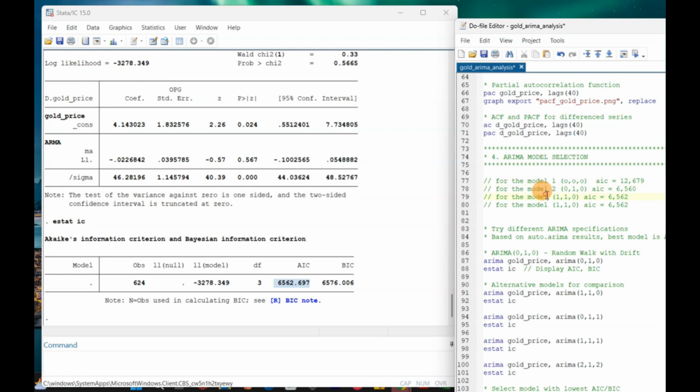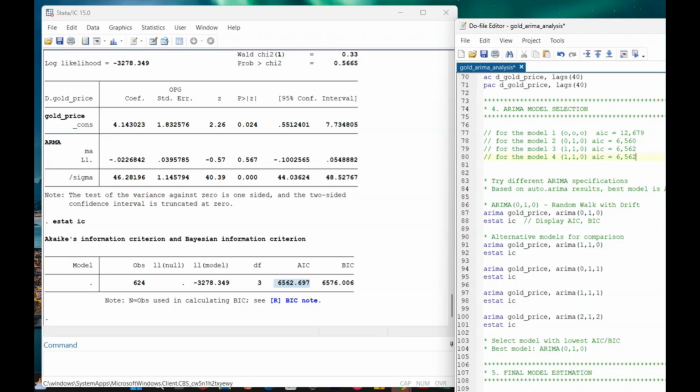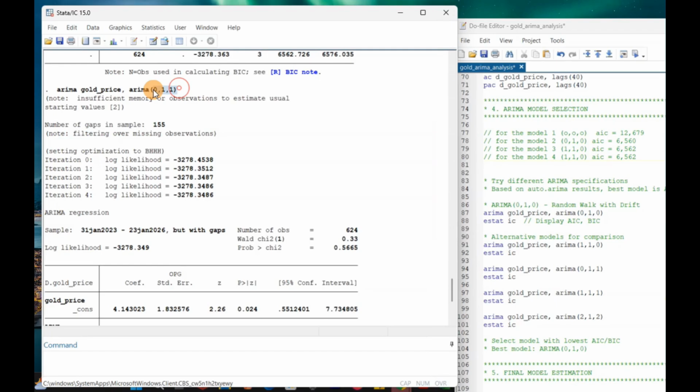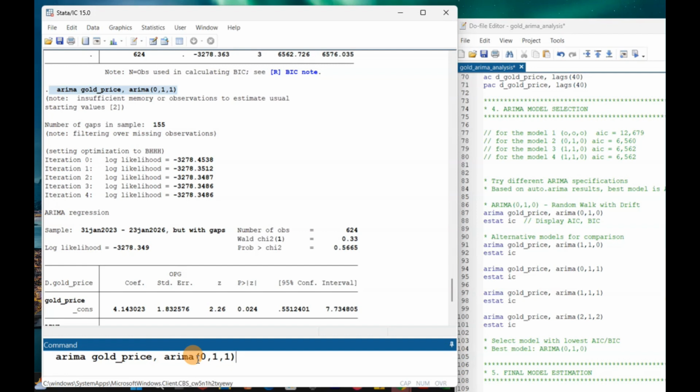We tested the gold price at level, and we found that the p-value was higher than 5%. Then we tested it at first difference, and the p-value was less than 0.05. So it became stationary at first difference, but at level it wasn't stationary.